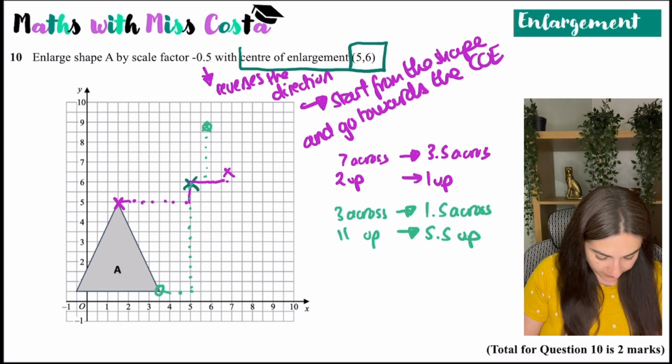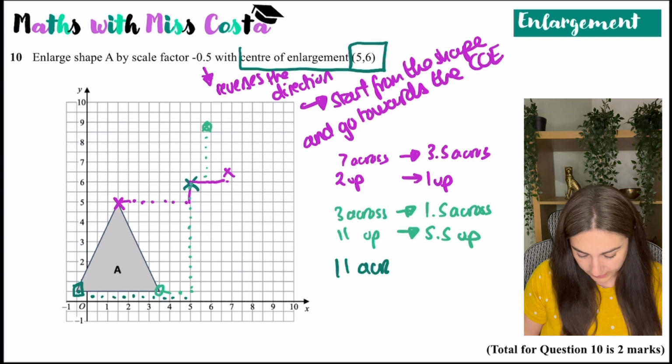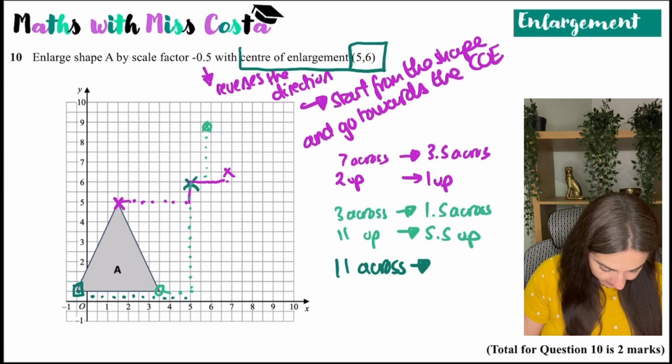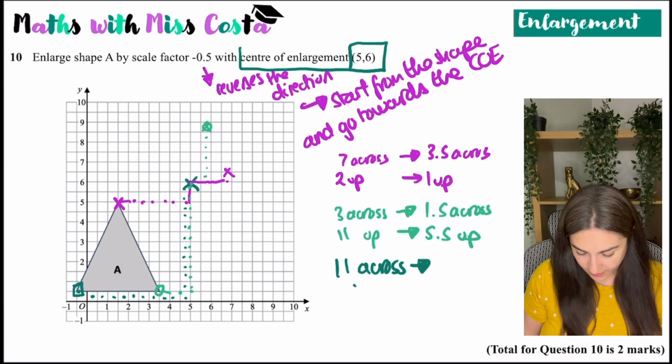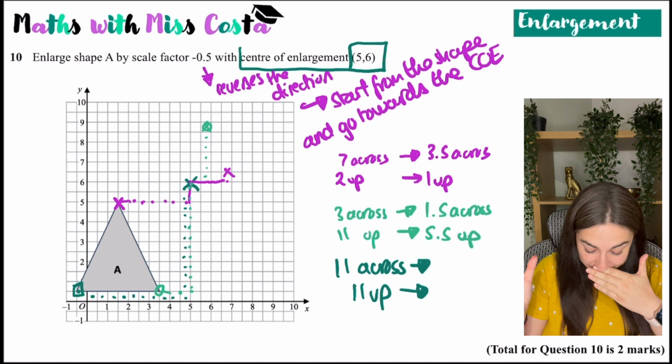And then let's do it with the final vertex. Let's just do that as a square. So you go 1, 2, 3, 4, 5, 6, 7, 8, 9, 10, 11 across in order to get to your center of enlargement. And then you go 11 up, which is obvious because the other corner is also there.